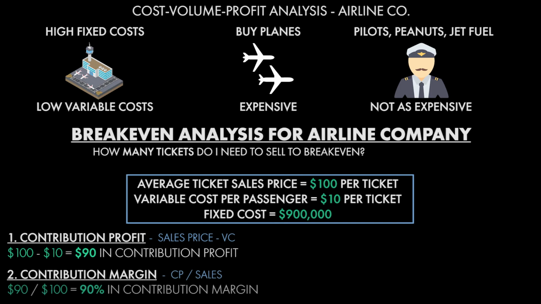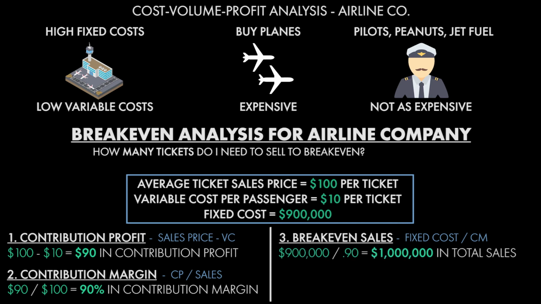So $90 divided by 100 gives us 90%. That's our contribution margin. So with that contribution margin number, we can now find break even by dividing our fixed costs by that contribution margin. That $900,000 in fixed costs divided by 90% gives us $1 million in total sales.